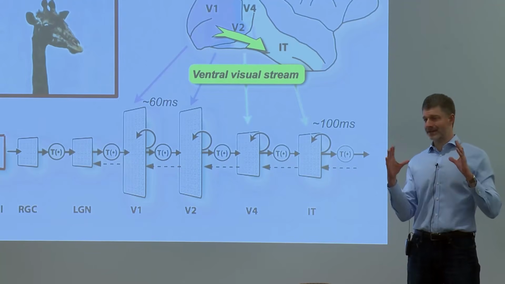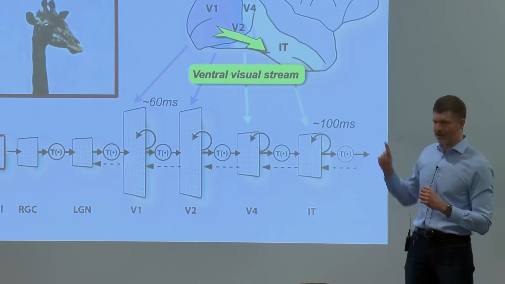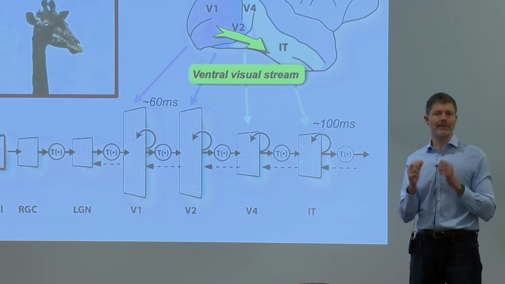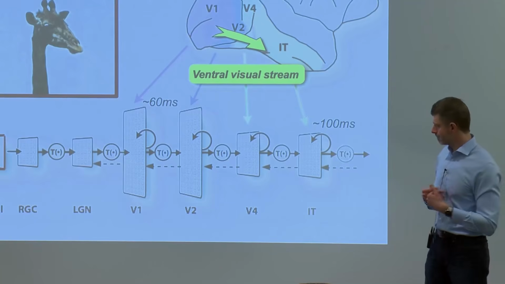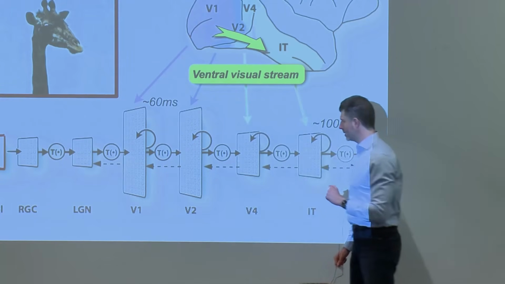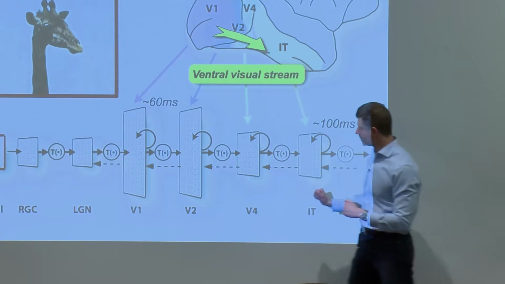That's what a big set of retinal ganglion cells or a big set of simple cells would do. So you can think of that transformation as like a convolution operation with a particular set of filters. Each of these regions is doing something to the representation, and then there are also potentially feedback and recurrent connections.